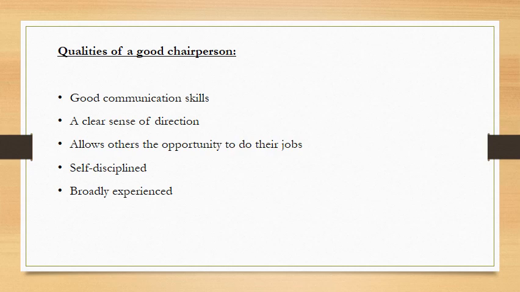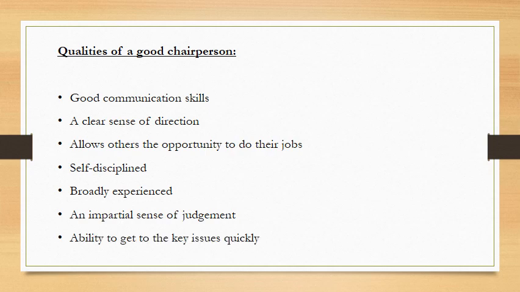A chairperson must be experienced because with experience comes knowledge. They also need to be impartial and have a good sense of judgment, not take sides in the meeting. And mustn't be long-winded, those people who carry on and on and on about something.